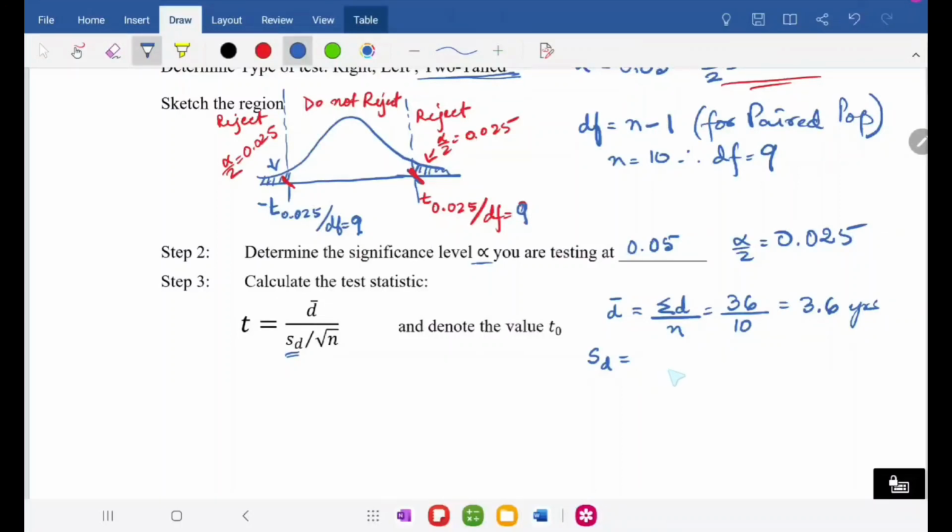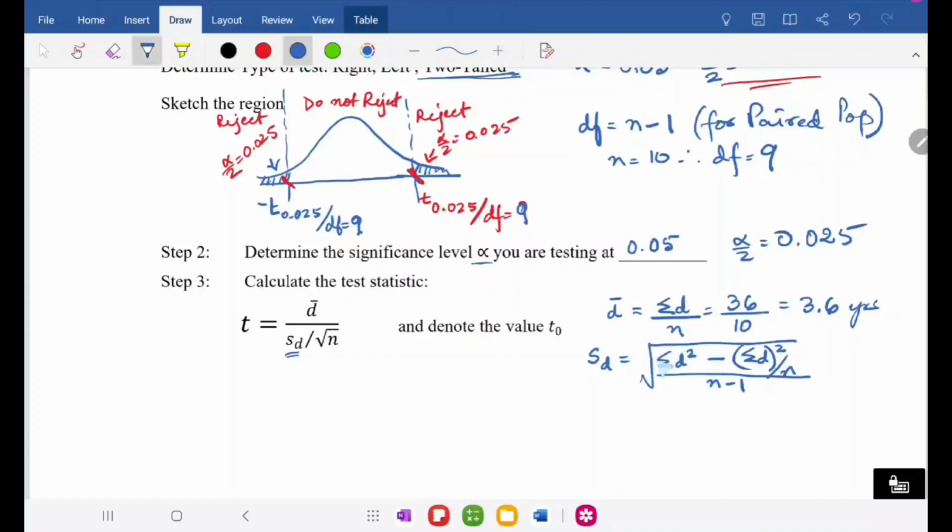S sub D is the square root of sigma D squared minus sigma D whole squared divided by N, all over N minus 1.